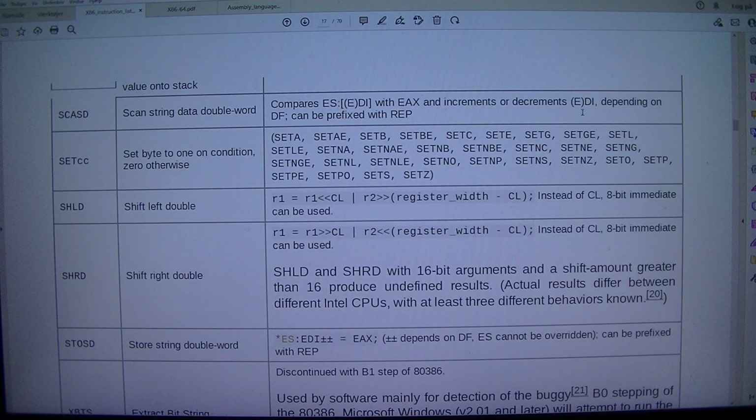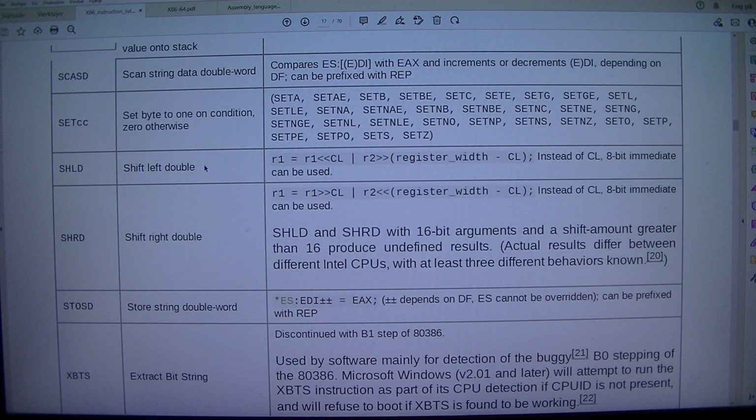SCASD: scan string doubleword, compares [ES:EDI] with EAX and increments or decrements EDI depending on DF, can be prefixed with REP. SETcc: set byte to 1 on condition, 0 otherwise: seta, setae, setb, setbe, setc, sete, setg, setge, setl, setle, setna, setnae, setnb, setnbe, setnc, setne, setng, setnge, setnl, setnle, setno, setnp, setns, setnz, seto, setp, setpe, setpo, sets, setz. SHLD: shift left double, R1 equals R1 << CL | R2 >> (32 - CL), register with CL, 8-bit immediate can be used instead of CL.